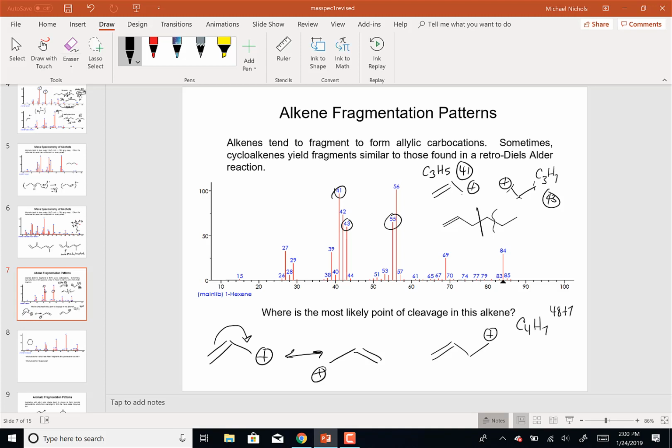Well, at least that's the 55. So when I cleave it here, it's going to give me CH3, 2, 4, 5, 6, 7. That gives me 50.